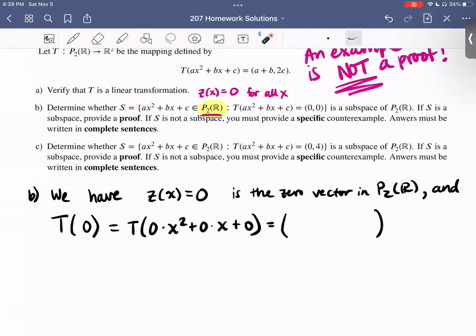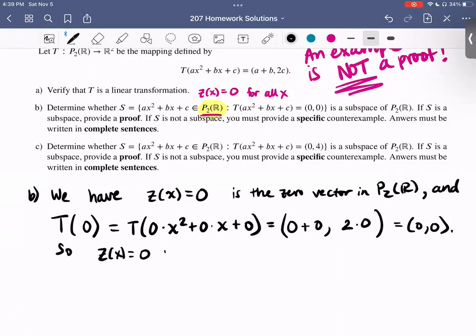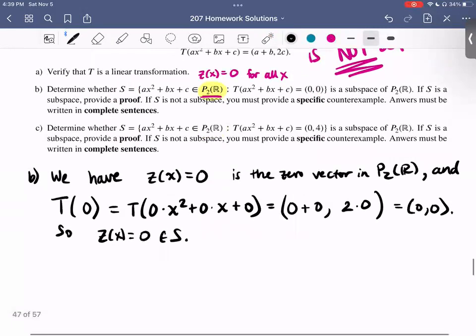The transformation says add up the coefficients on x squared and x and multiply 2 times whatever the constant is. And I do indeed get 0, 0. So z of x equals 0 is an element of S. We needed to check that, but this alone is not enough to be a subspace.